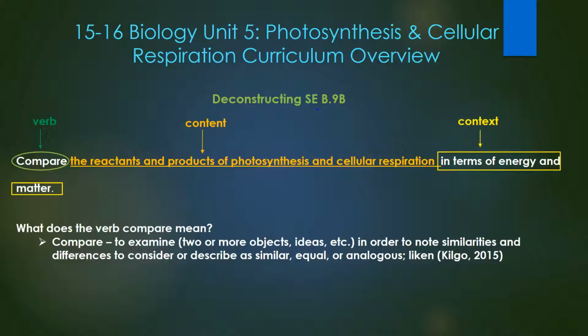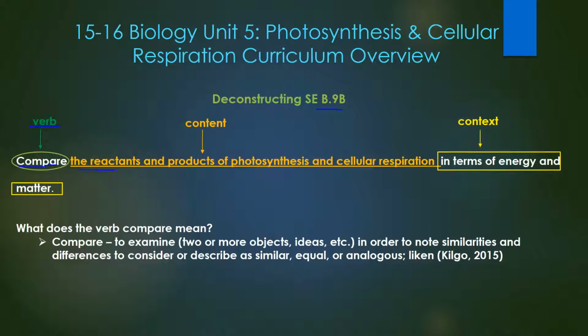Okay, and now looking at B.9B, we can deconstruct this SE and break it down to its parts. So compare, we're going to circle compare, which is our verb. Compare what? What is the content that we're comparing?